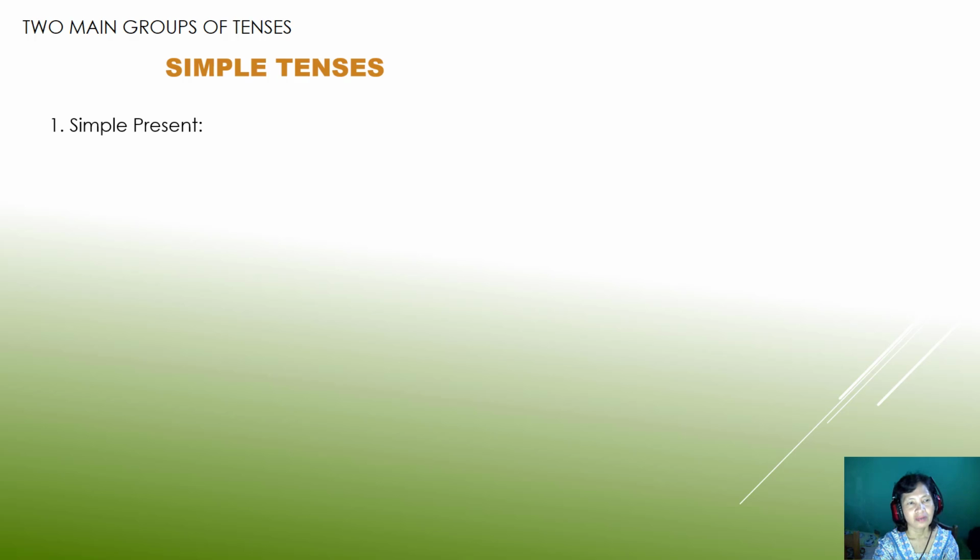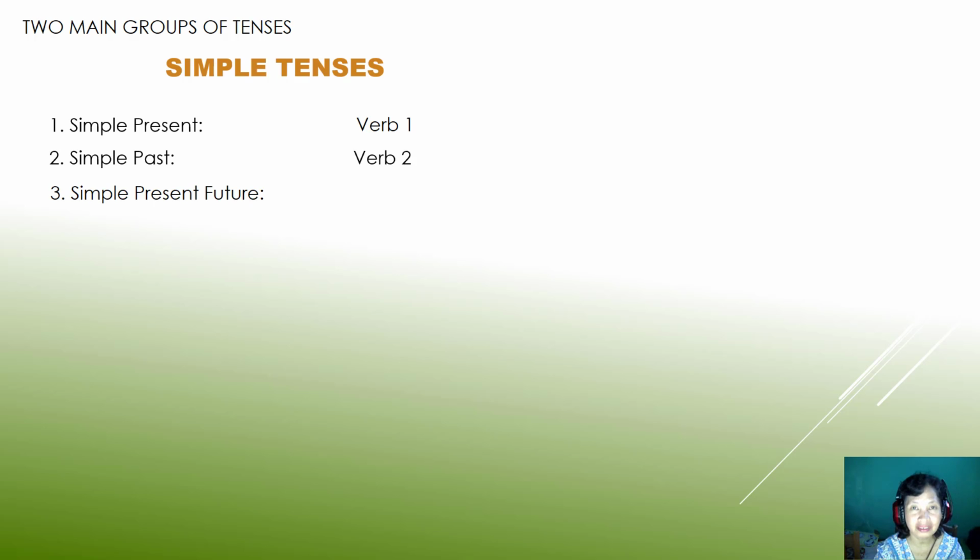Okay, we have simple present as the first. The verb that we use is verb 1. Simple past, we use verb 2. Simple present future, it's very important. We name it simple present future, not simple future, because we have simple present future and simple past future.